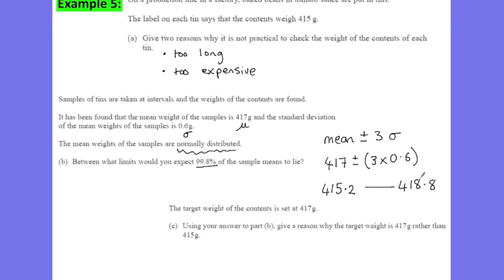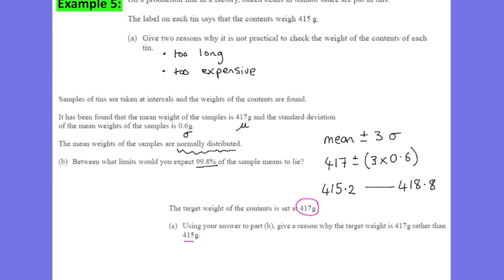We're told that the target weight is set at 417. Using our answer of part B, give a reason why the target weight of 417 rather than 415 is used. Well, we can see here that 415.2 is the lower bound and only 0.1% is below this level.